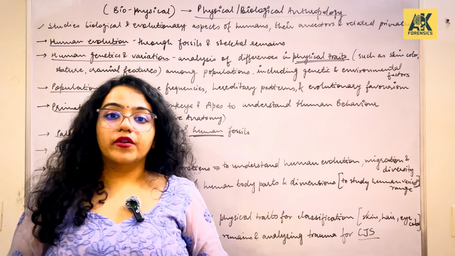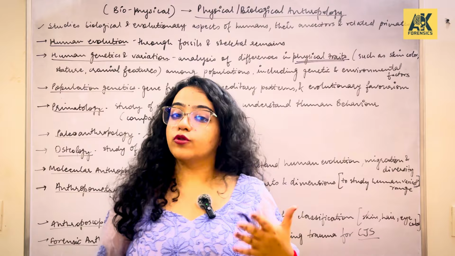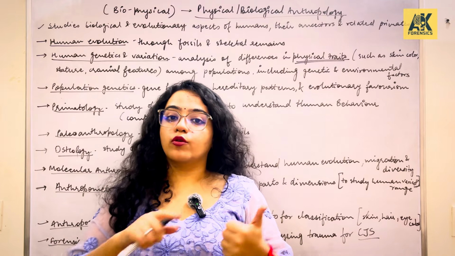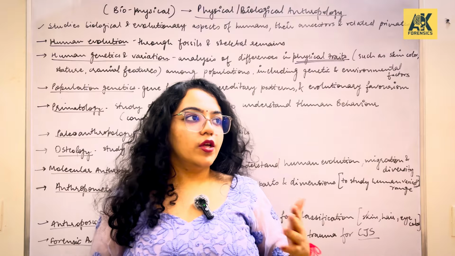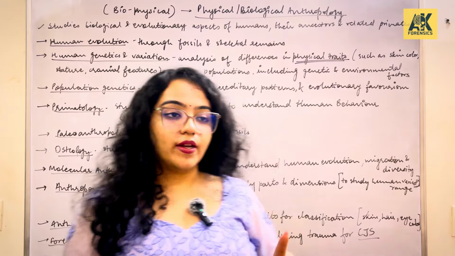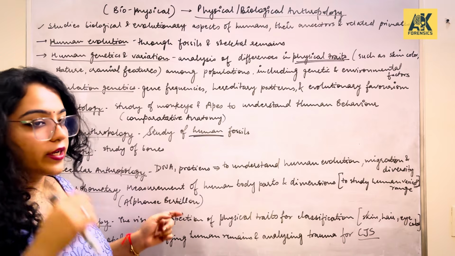So earlier, when the fingerprints were not discovered yet, and it was not yet known that fingerprints do not change for a lifetime of an individual and they are unique for everyone, before that there was one French police officer who was named Alphonse Bertillon.